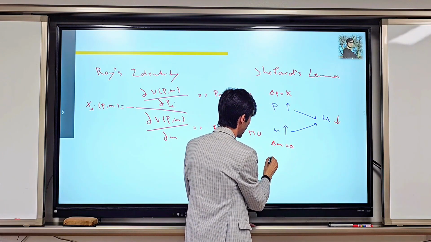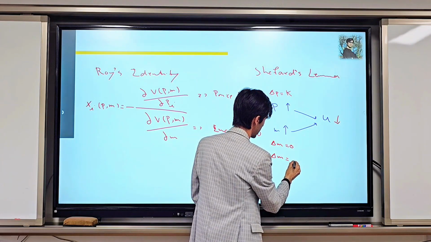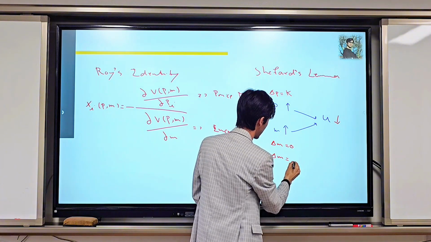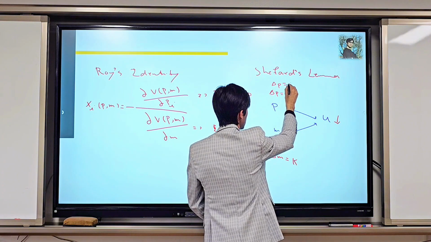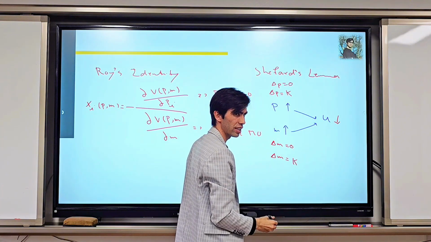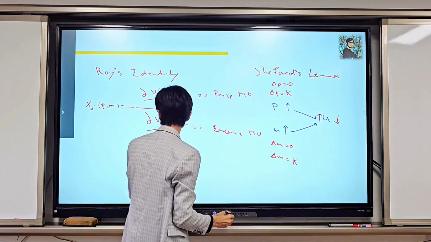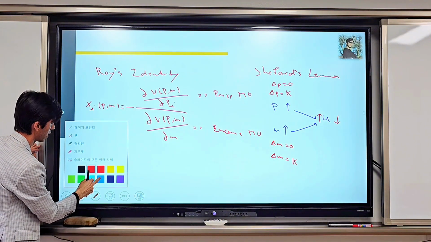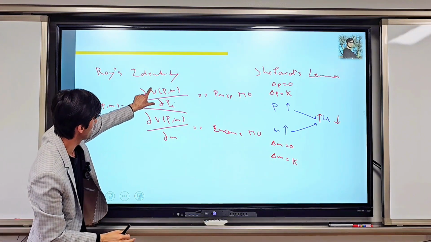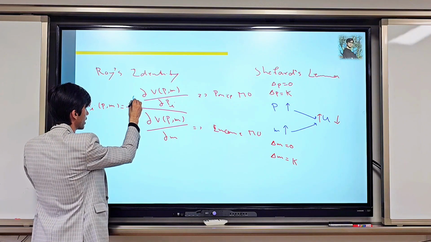And if the change in income is a positive number, for example, again K, but the change in price is equal to 0, what will happen to utility? It will increase. That's why when we take the partial derivative of utility with respect to price, it will have a negative sign.